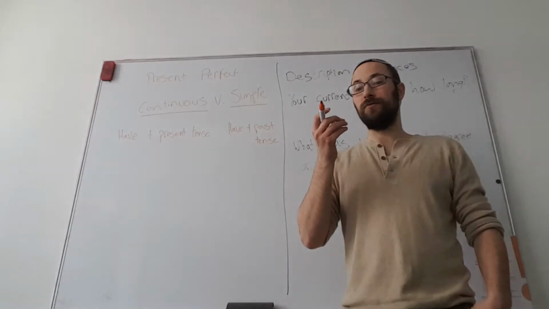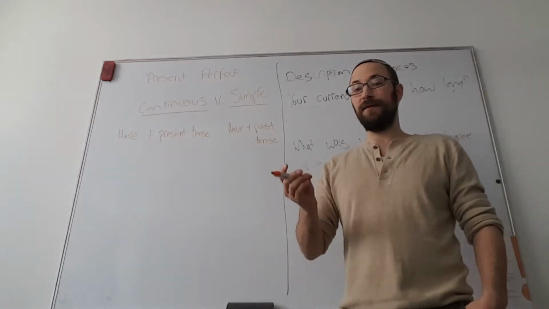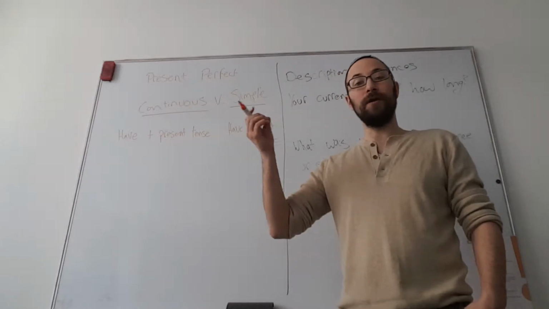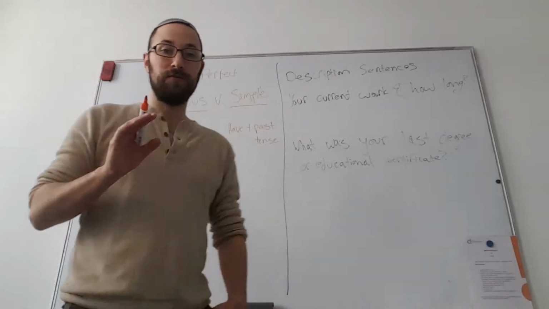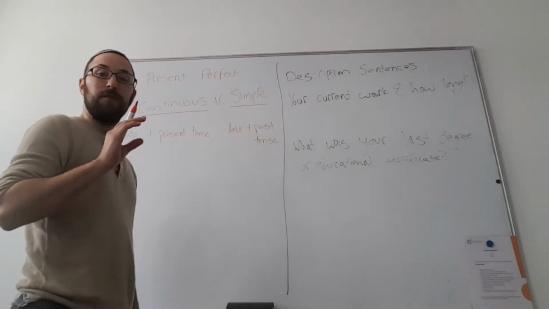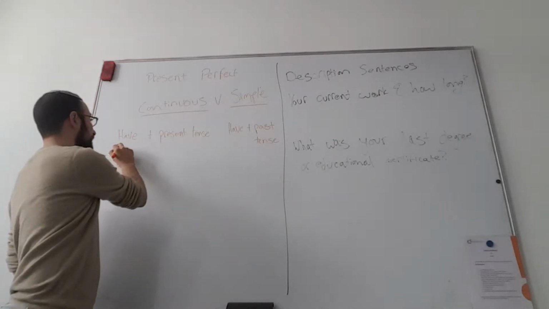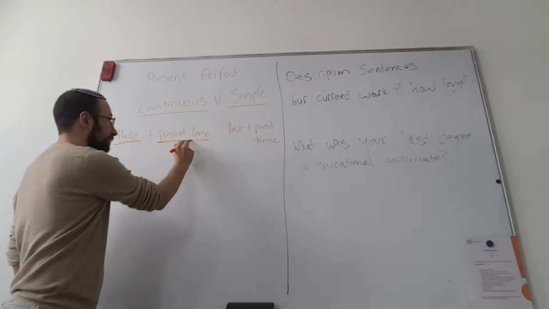You need to make sure that whoever you are communicating with understands that this is an activity that is still going forward. So when you are writing this, you need to have a very simple formula. That formula is the word have and a present tense verb.